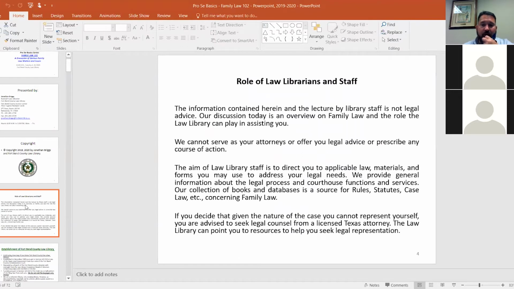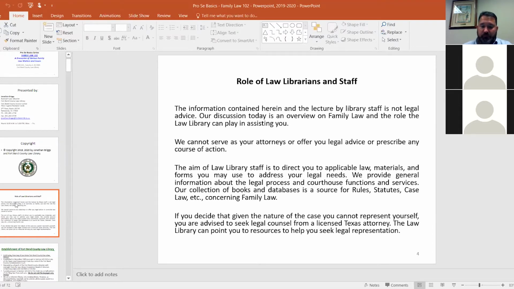As law librarians and staff here, we can't give legal advice. What we do seek to do is provide as much information and resources for people to address their legal needs. We basically have 2 groups who come to the law library: attorneys, and what we call pro se litigants. Pro se simply means you're representing yourself.